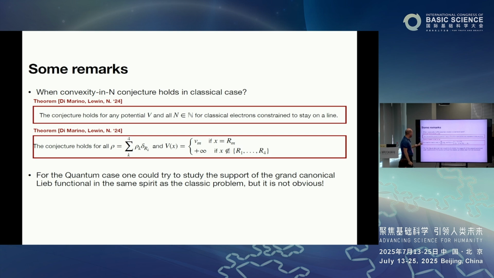So some more remarks. The convexity conjecture holds in the classical case when the electrons are on the real line. This is because the optimal transport problem becomes a one-dimensional problem.